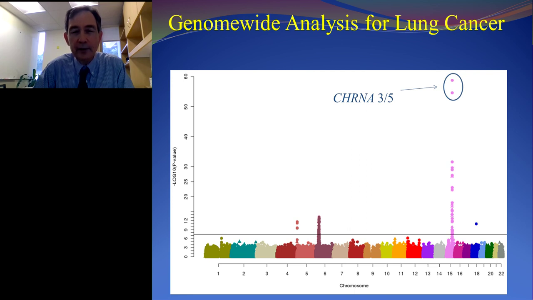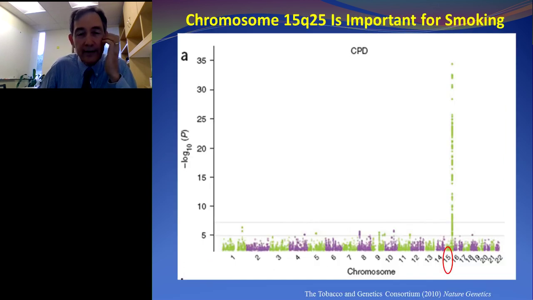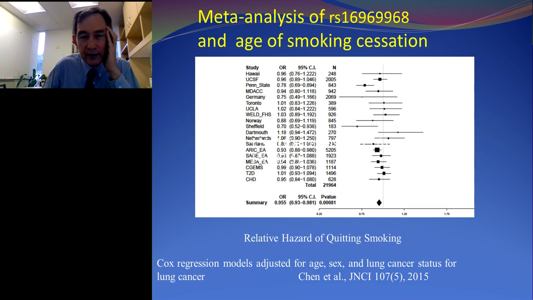More of interest would be like CHRNA4 and CHRNA7. But anyway, we identified these variants, and so then the hunt was on to try and figure out what they're doing. And at the same time, the same region was being identified as playing the most important role for tobacco smoke use. Again, that was surprising. Mechanisms weren't really known for how those receptors would be playing a role in tobacco.